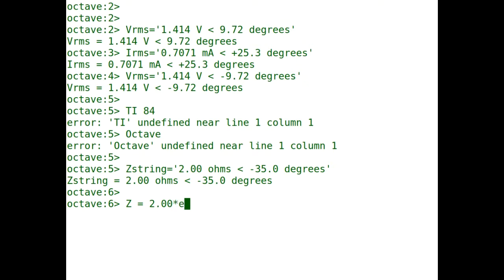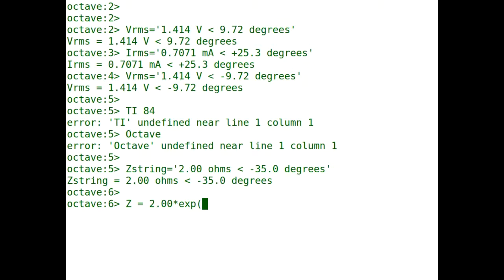2.00 times E. In Octave and your 84 calculator, you find the little E, Euler's number. You find that little E to the X symbol on your calculator key. But in Octave, you actually type it EXP.